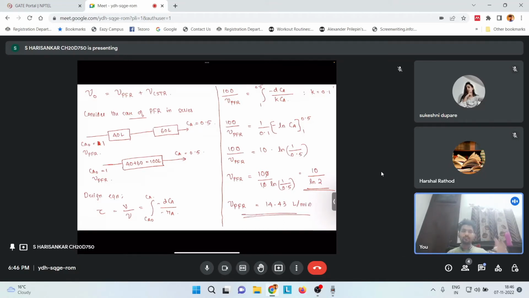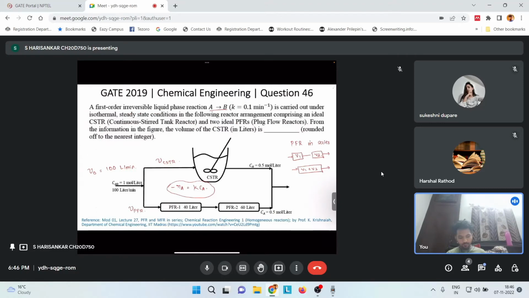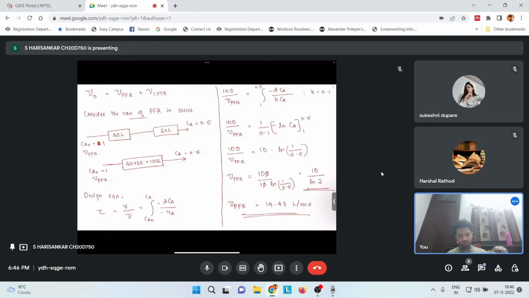So what this means is basically, this nu PFR 14.43 will be the value of the flow rate that is going to the series of the PFRs, right? So we had the equation for the total flow rate.